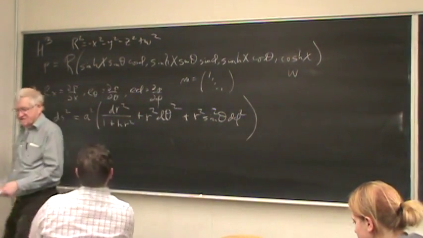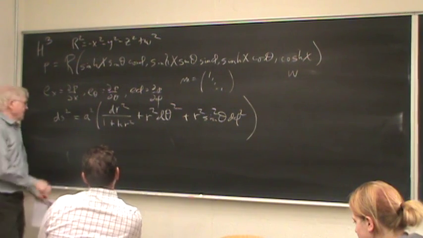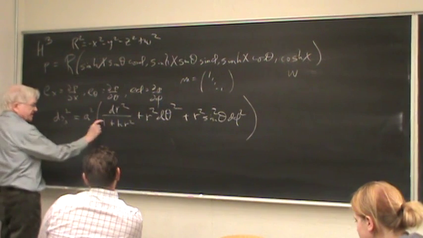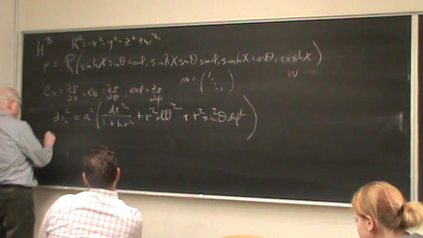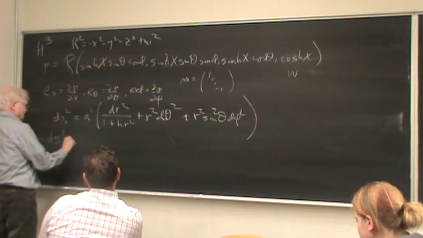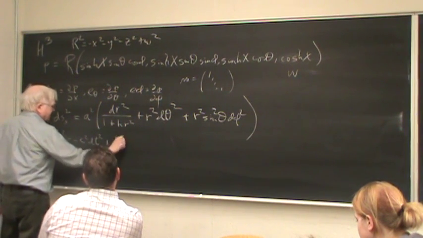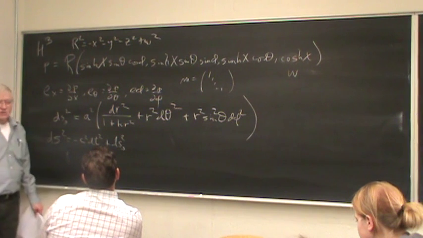And this is the other Robertson-Walker spatial metric, and the full Robertson-Walker metric is minus c squared dt squared plus ds squared spatial.